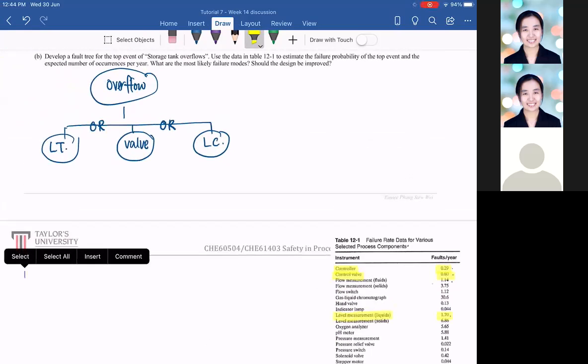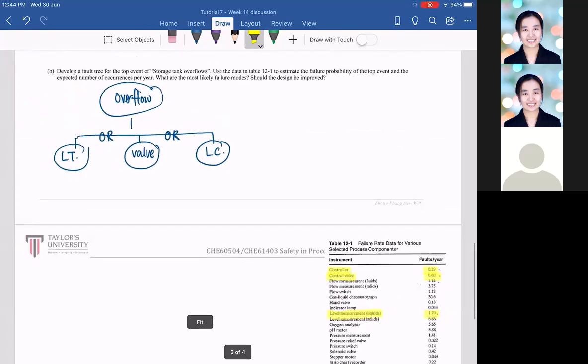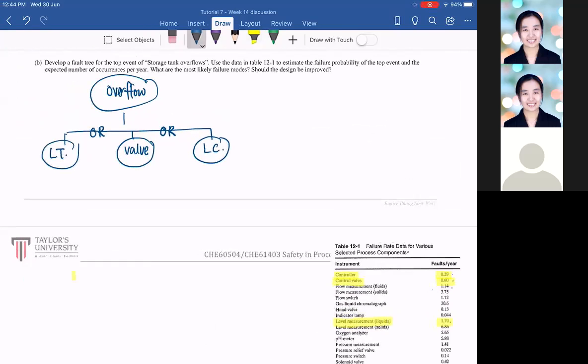So go back to the first question where the reliability of each is e to the power of negative mu t, okay, per year.